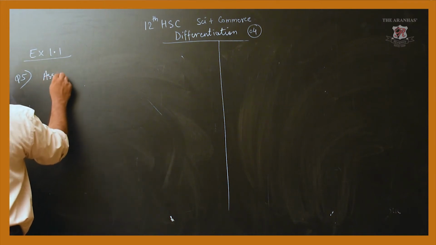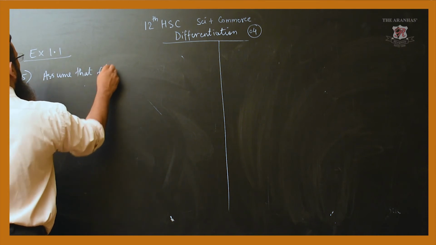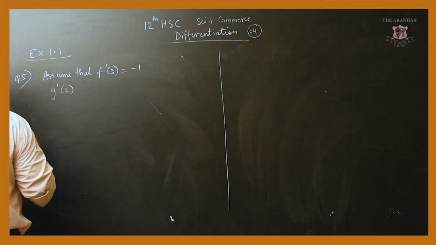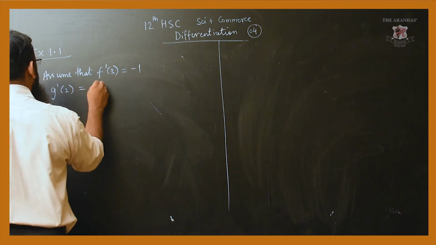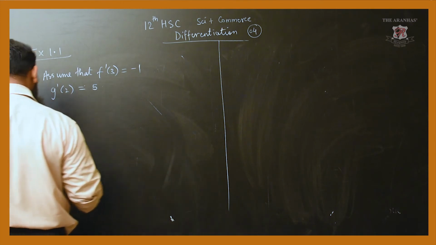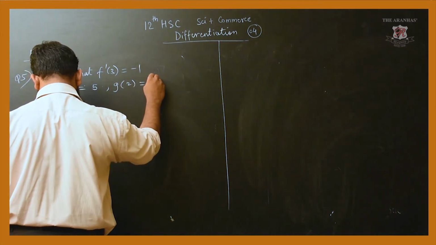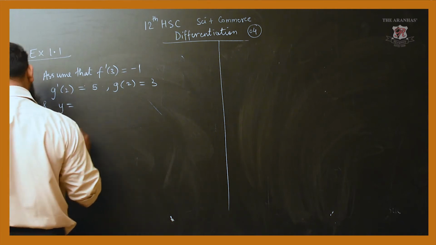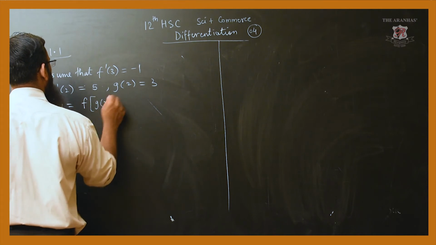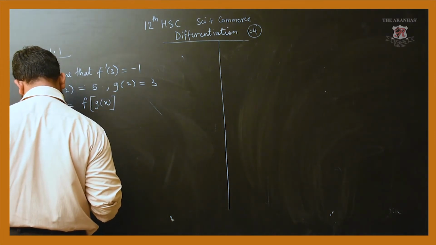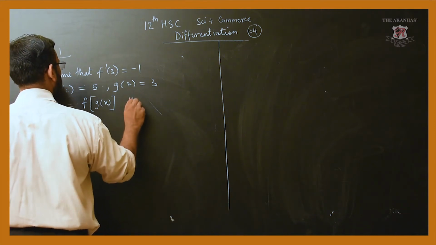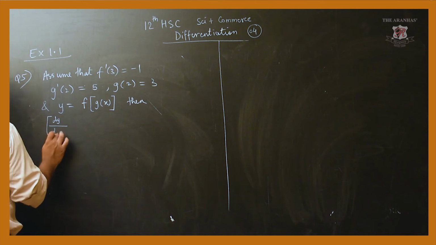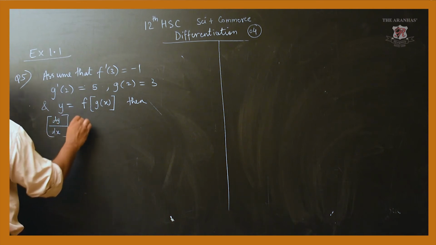Assume that f dash of 3 is equal to -1 and g dash of 2 is equal to 5 and g of 2 is equal to 3, and your y, which is f of g of x, then they are asking what will be dy by dx at x equal to 2.